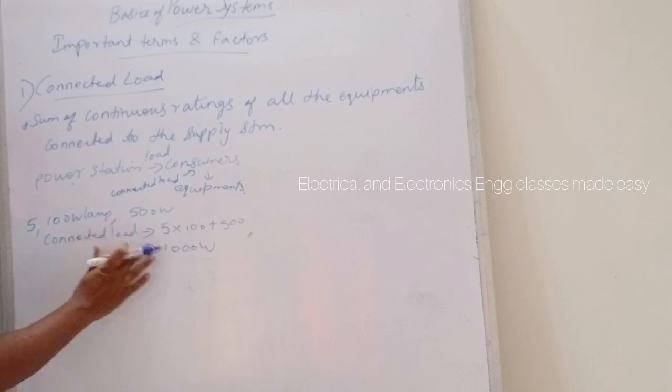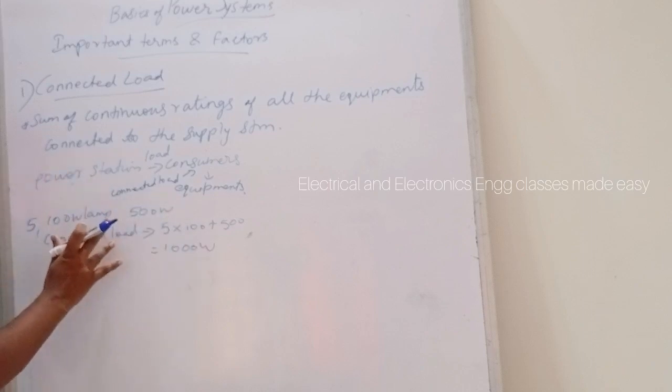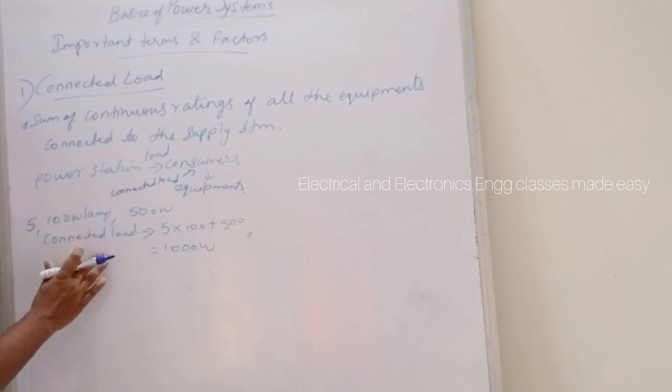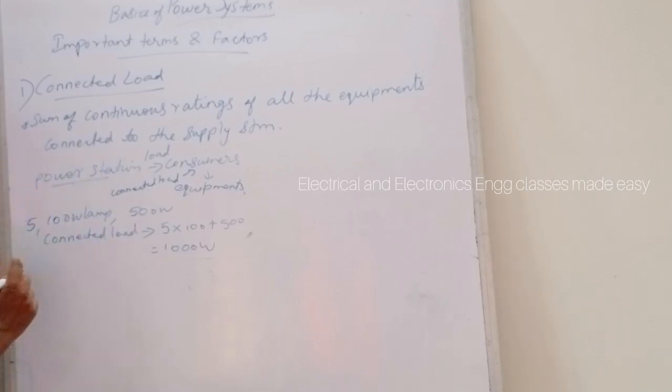So this is about a single consumer, and the sum of the connected loads of all the consumers is the connected load to the power station. So that is about the connected load.